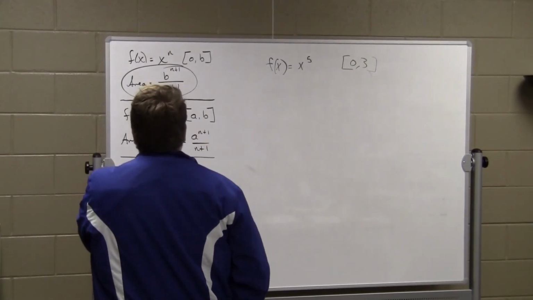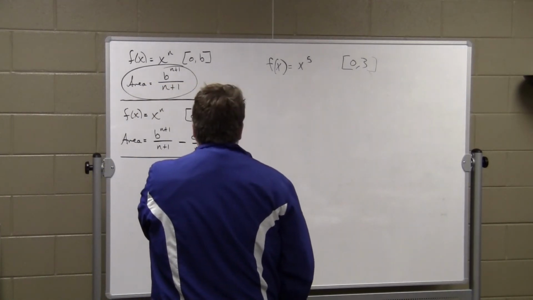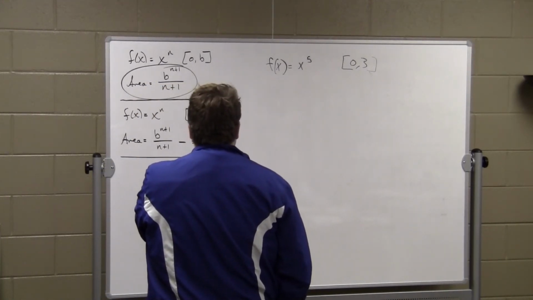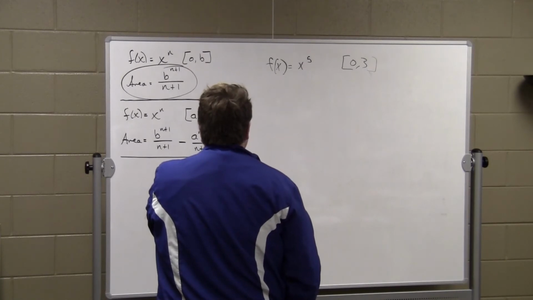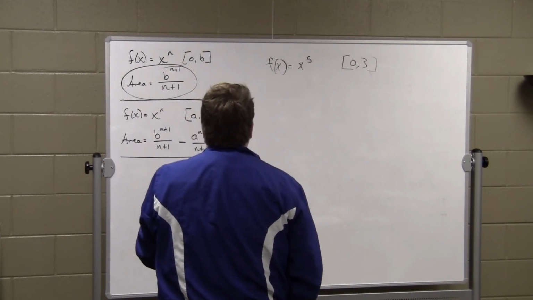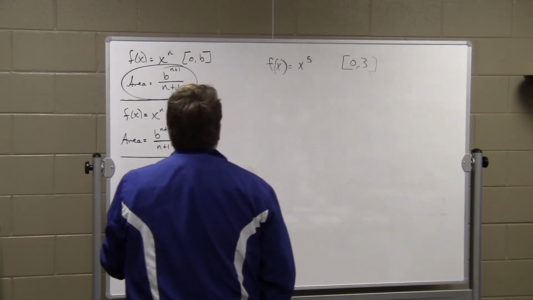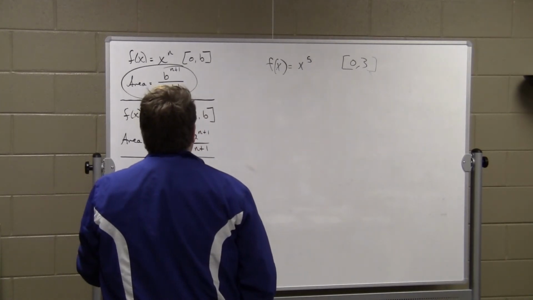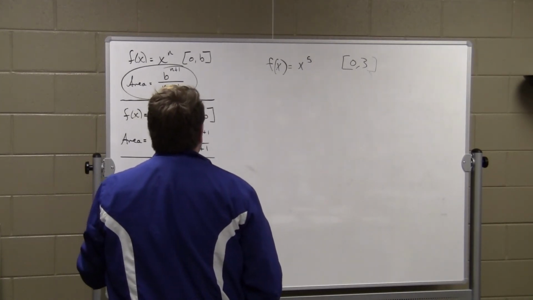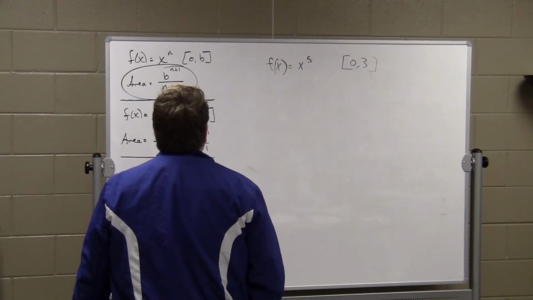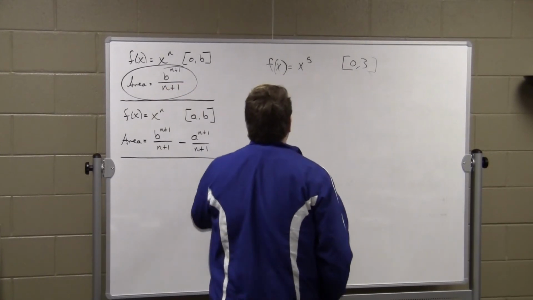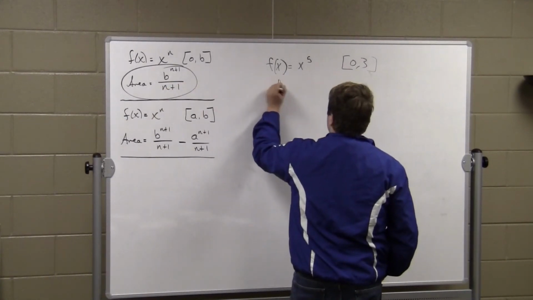Now, tell me what that area is going to be. b is 3, to the n power, so it's going to be 3 to the 6 over 6. Let's jot that down: 3 to the 6th over 6, about 27, so area A equals 27.